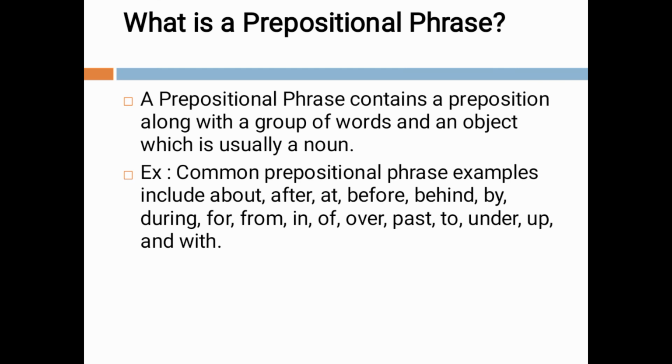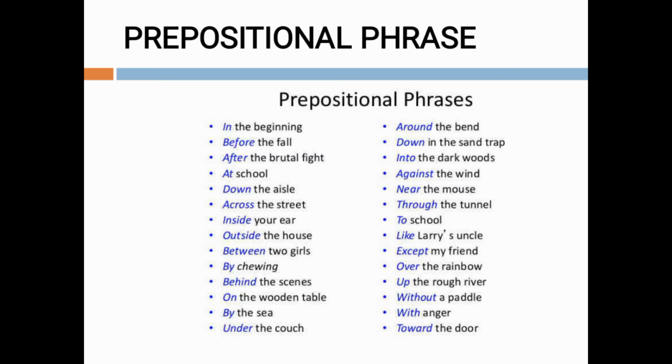Common prepositional phrase examples include about, after, at, before, behind, by, during, from, for, in, of, over, past, to, under, up and with. So these are the examples for prepositional phrases.